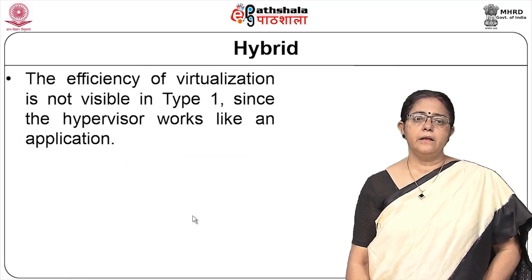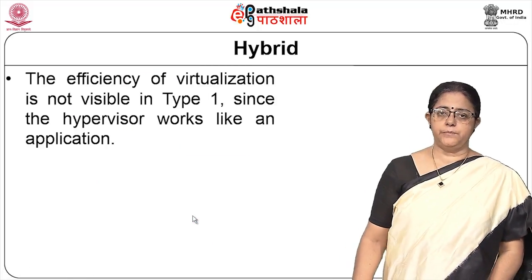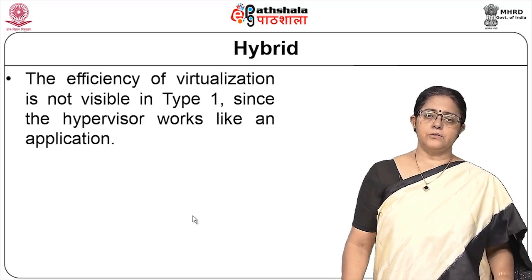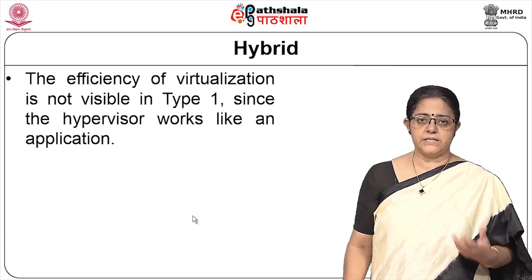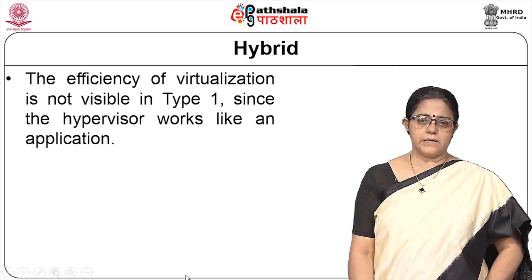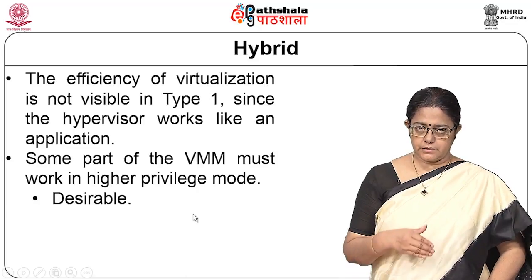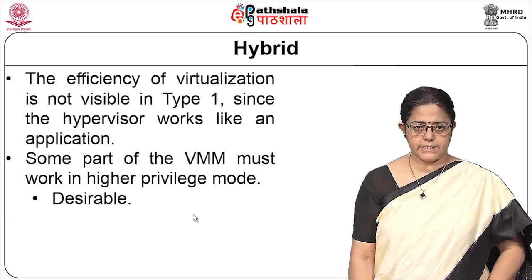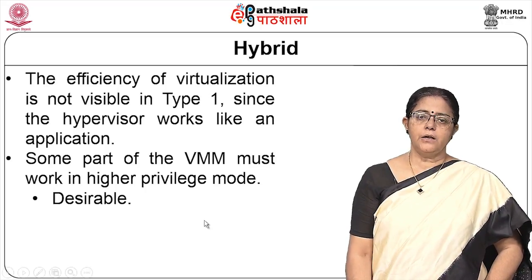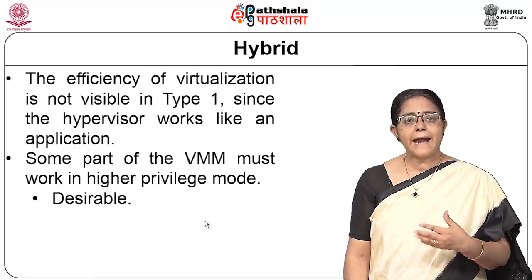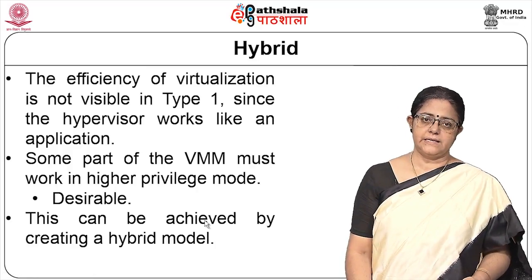Instead of having type 1 or type 2, we can have a hybrid. Type 1 is not easy to implement, and type 2 cannot take advantage of having a virtualization layer. So, what is desirable is that the VMM should run at the highest privilege level.